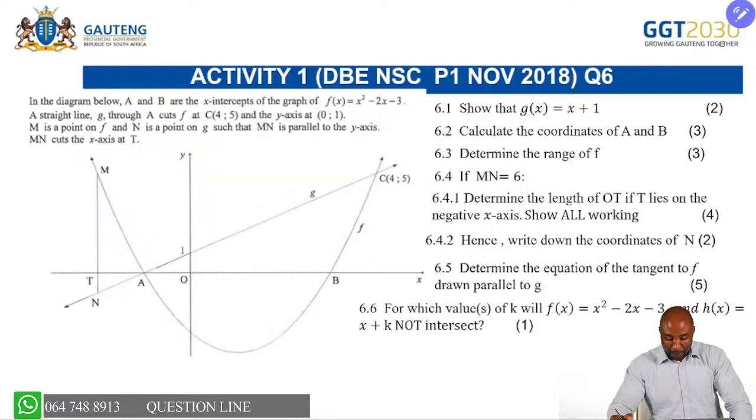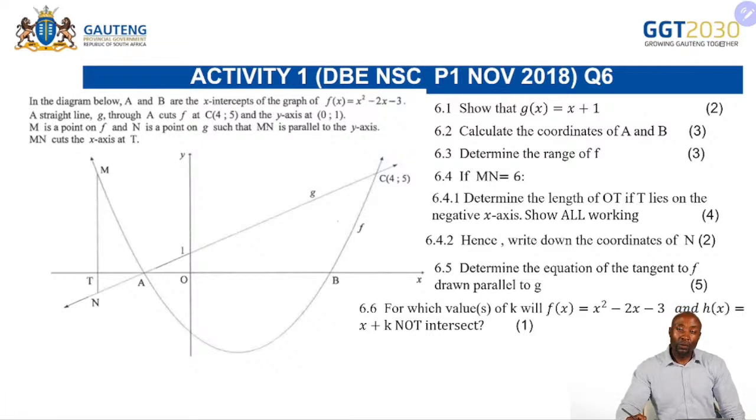Now, please be careful. You cannot use information that is shown in question maybe 6.2 to answer 6.1. You always have to answer questions sequentially. And if you are given a diagram, you should be able to add information to your diagram to make your life easy to answer the next question.